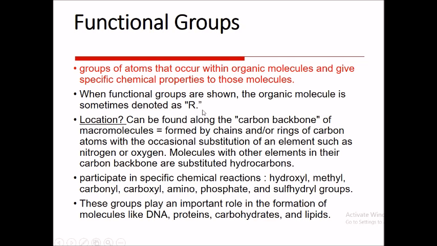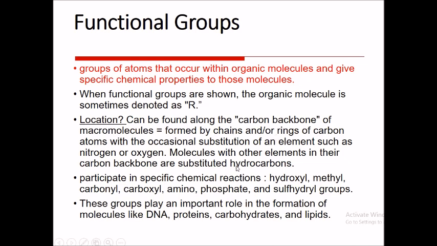And where can you find these functional groups? As I mentioned earlier, they can be found along or attached to the carbon backbone of macromolecules, which can form a chain or a ring of carbon atoms.